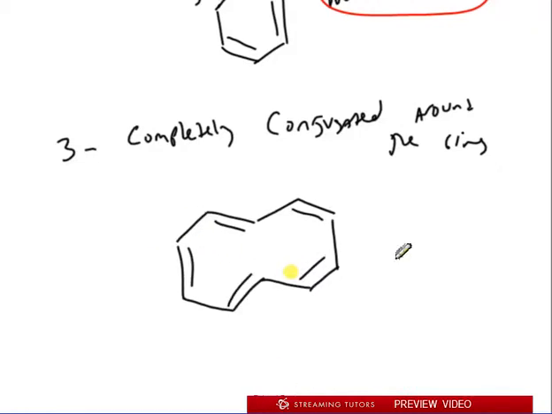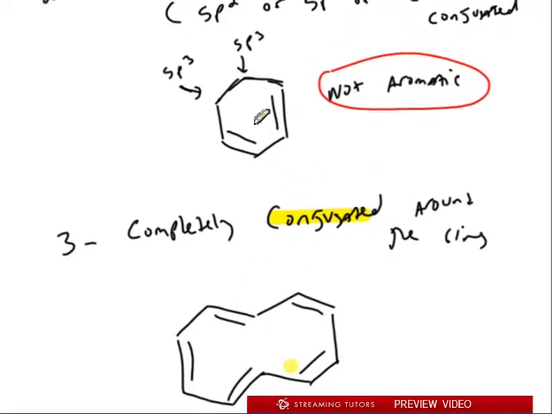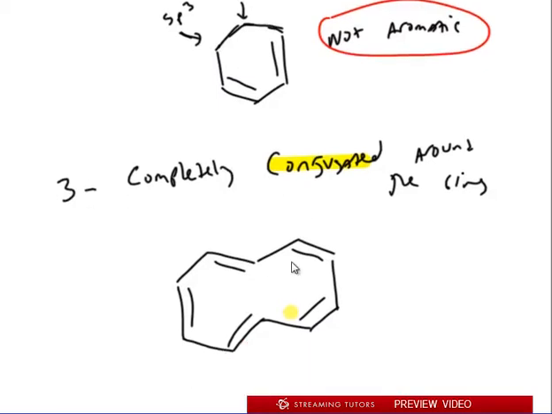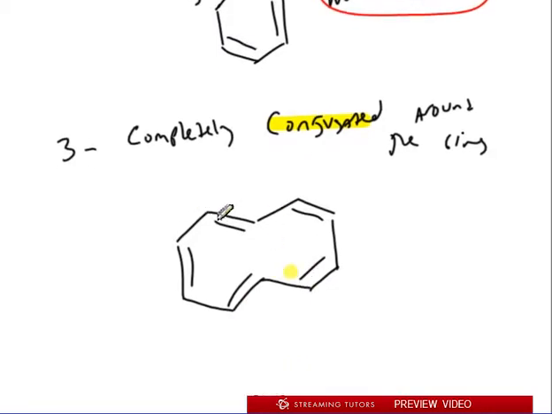Well, this is cyclic, and it's completely conjugated all the way around. What I mean by conjugated is that it alternates between double and single bond, or a lone pair and double bond, right? So if there's a lone pair, it has to be next to a double bond. So there's a separation between the lone pair and the double bond by one single bond. That's conjugated. Conjugated in the double bond sense is where there's an alternating double single bond characteristic.